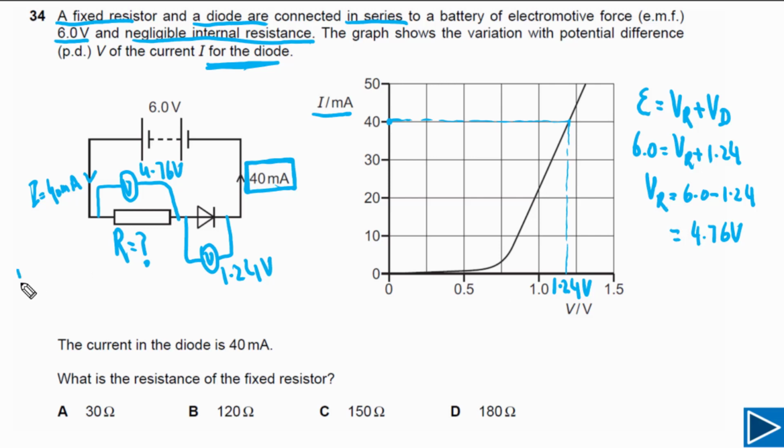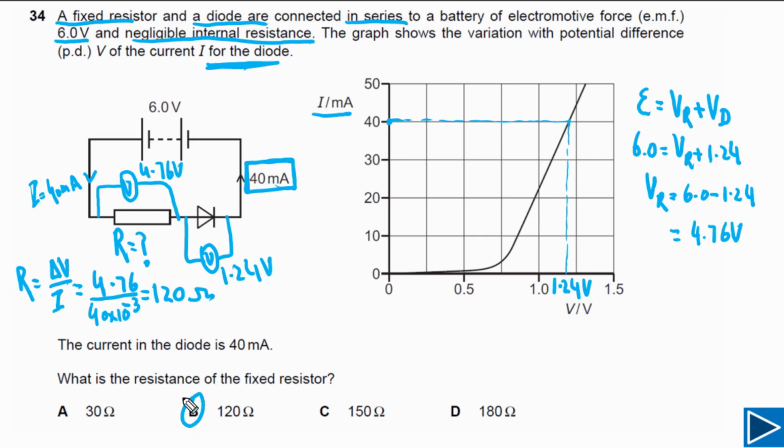So resistance will be equal to the potential difference across the resistor divided by the current passing through this resistor. The potential difference across this resistor is 4.76 volts and the current is 40 milliamps. Our final answer, if we solve this one, will be 120 ohms. So the answer is B for this question.